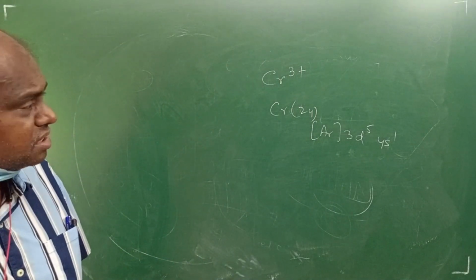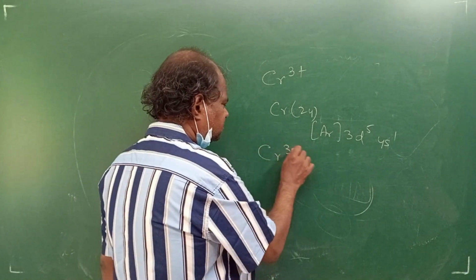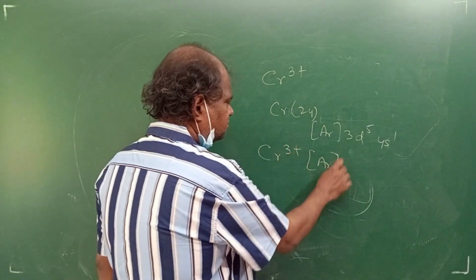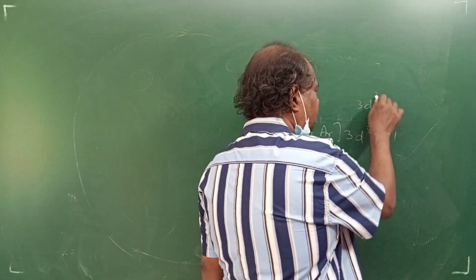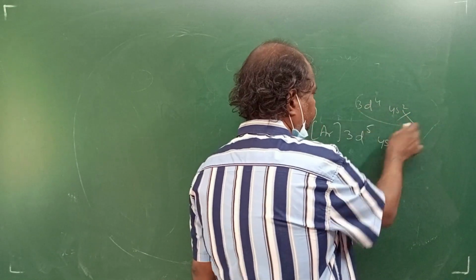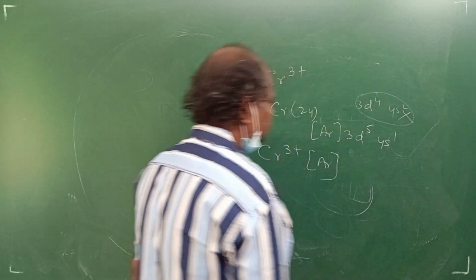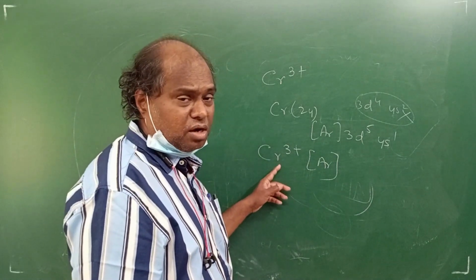Now we discussed chromium, you will write 3d5, 4s1, not 3d4, 4s2. I think we discussed half filled and all that, right? So chromium 3 plus. 3 plus means what? You are removing how many electrons?